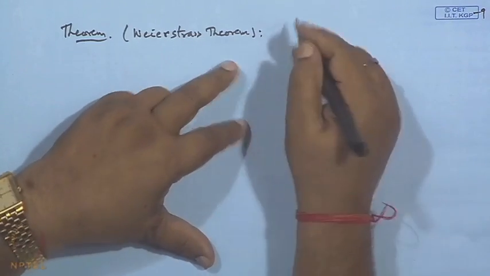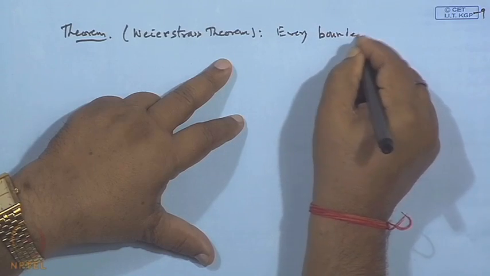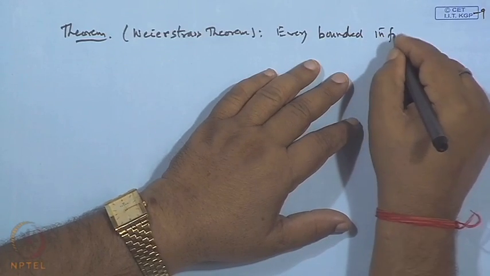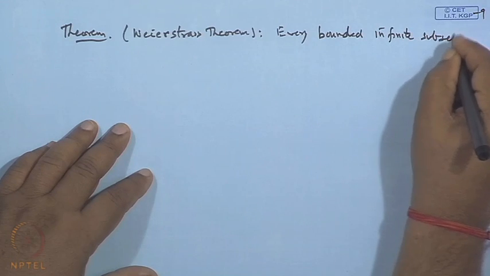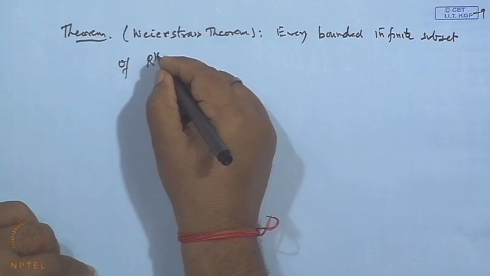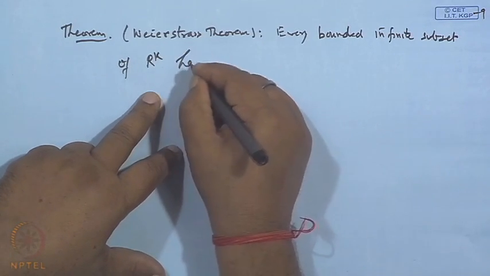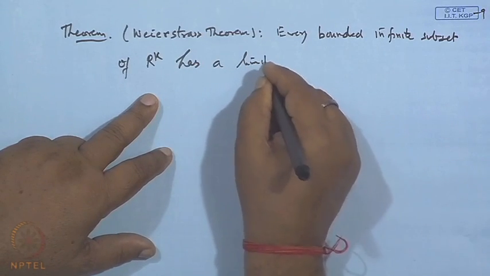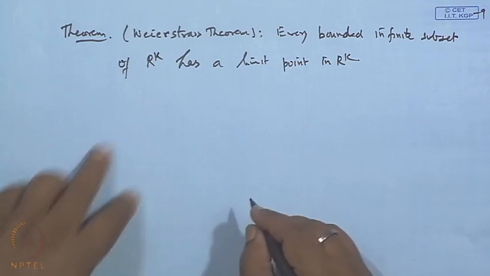The theorem says every bounded infinite subset of R k has a limit point in R k.